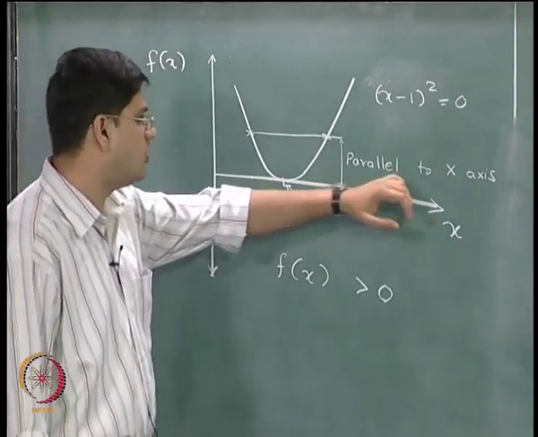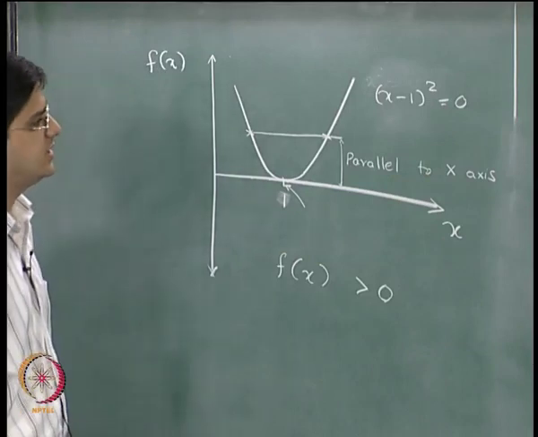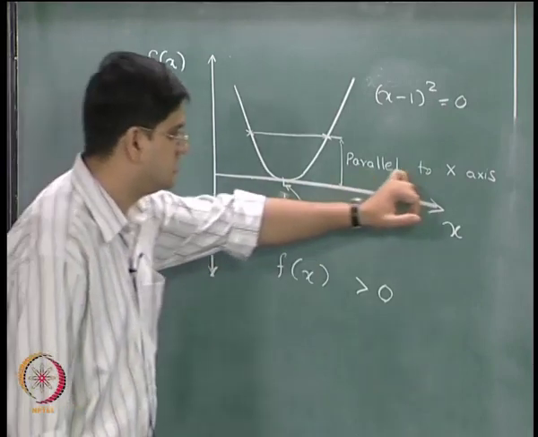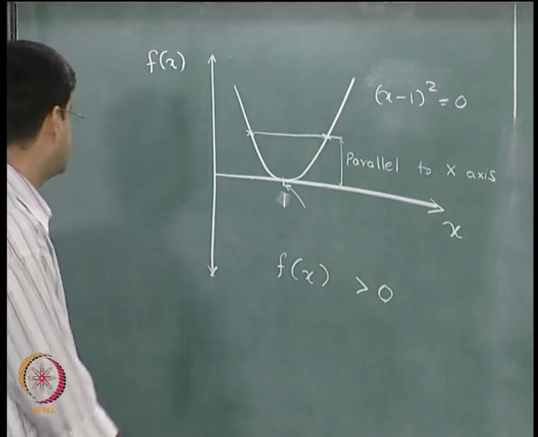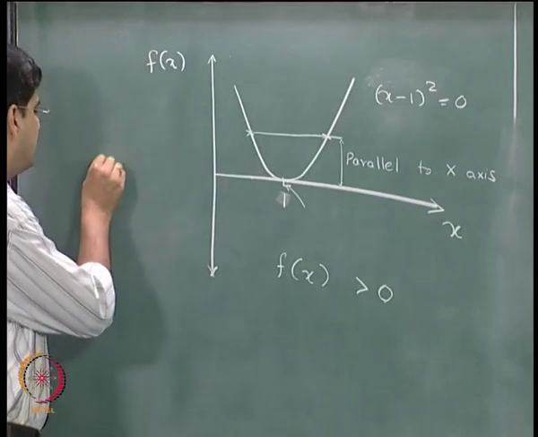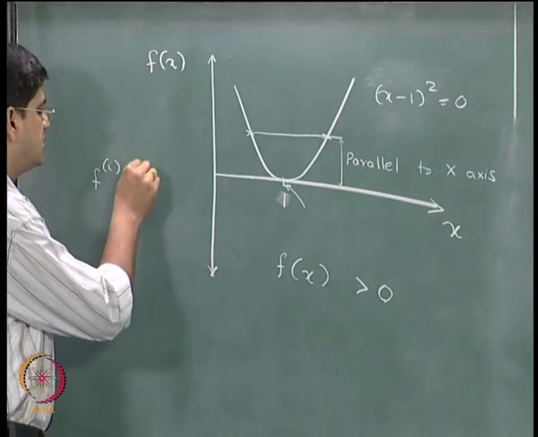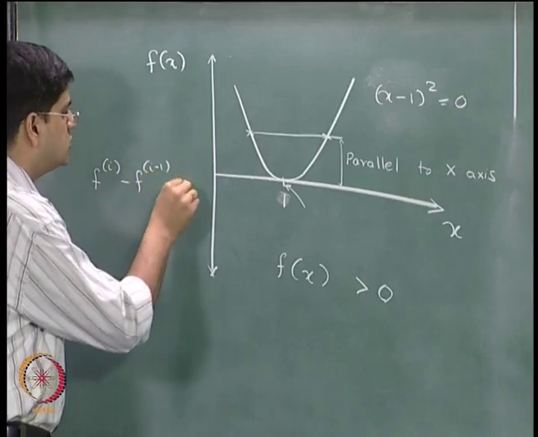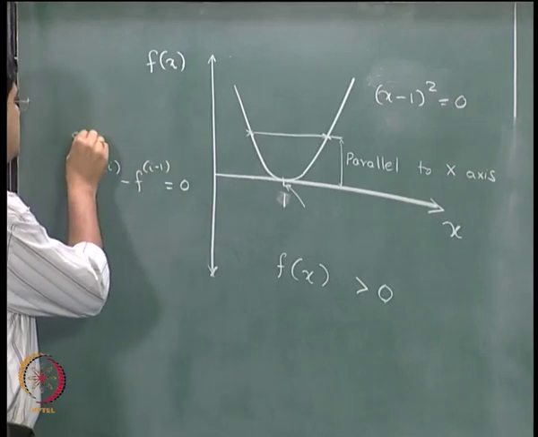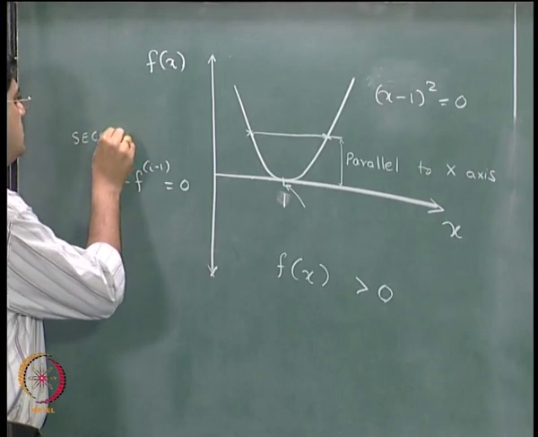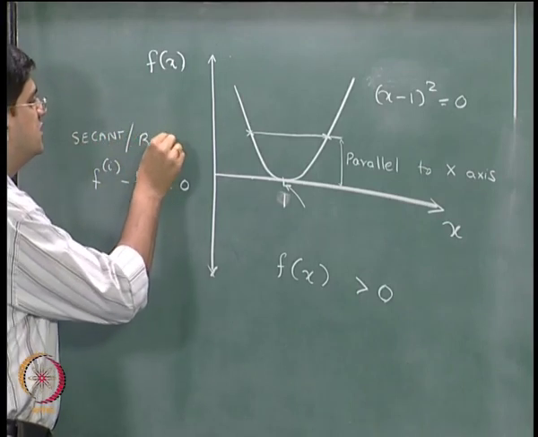In other words, what do we really mean by the line being parallel to the x axis? It's nothing but f i minus f i minus 1 equal to 0. This is when the secant or the Regula-Falsi method fails.